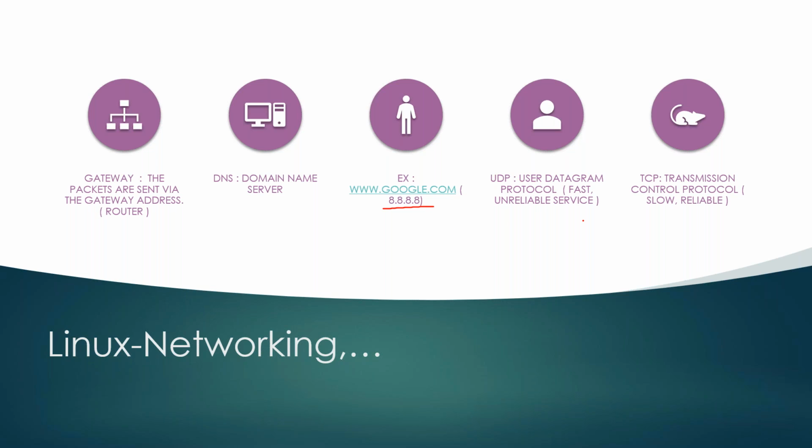Coming to the UDP protocol, there are different protocols with which we can transmit data, and UDP is one among them. It is generally regarded as a fast but unreliable service because you will not get the response or acknowledgement for each packet sent on the internet.